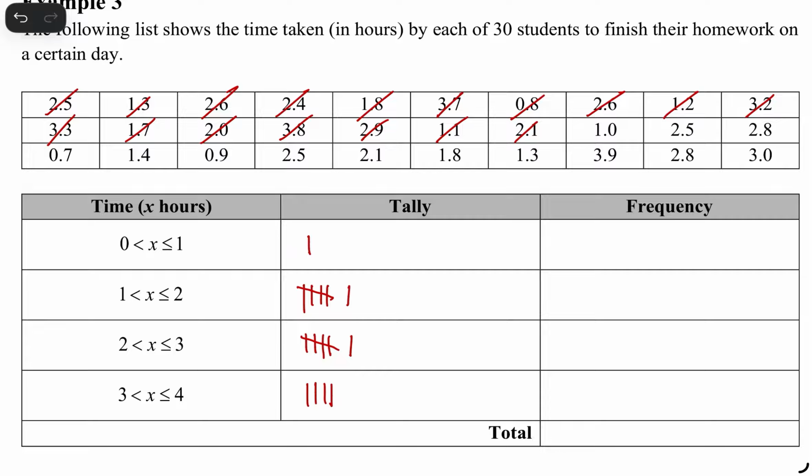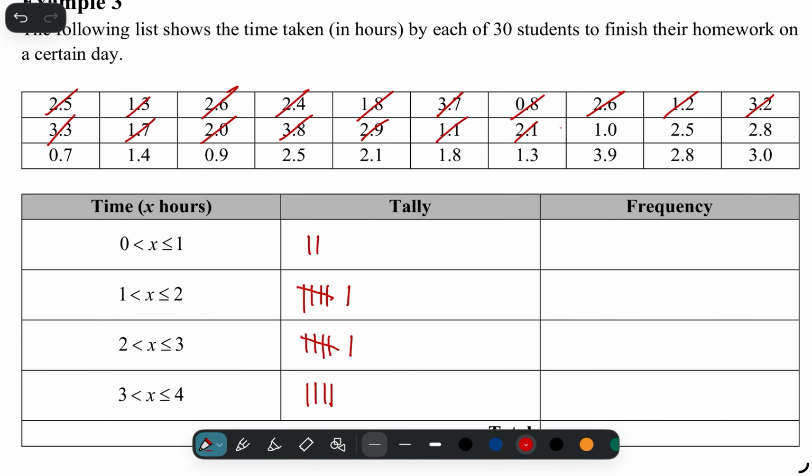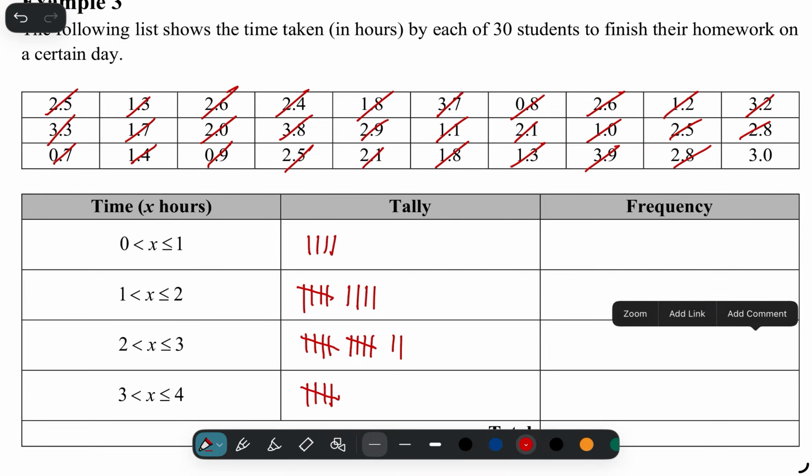Then 1.0, I'll put a cross here. 2.5 here, 2.8 here, 0.7, 1.4, 0.9, 2.5, 2.1, 1.8, 1.3, 3.9, 2.8, and 3.0. With that, you should be able to have the same numbers as me.